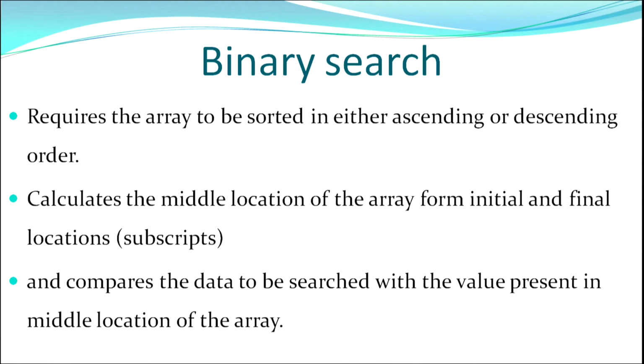So, I find out first the middle location of the array and then I compare the data that I wanted to search with the middle location. As you can see in the next slide also, there can be 3 situations. I found out the middle location, see the subscript was 4.